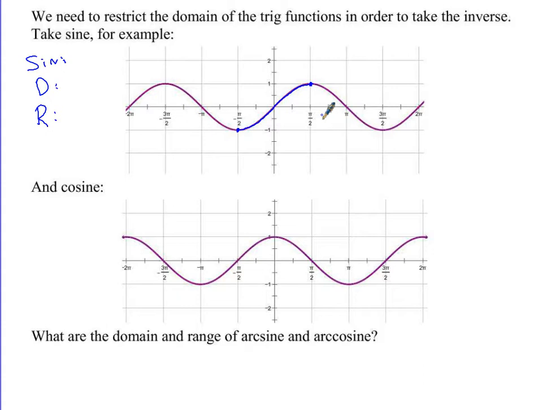So the domain we're going to restrict sine to is -pi/2 is less than or equal to x is less than or equal to pi/2. What's the range in that interval? It's still -1 to +1. Remember that domain involves the x variable, range involves the y variable.